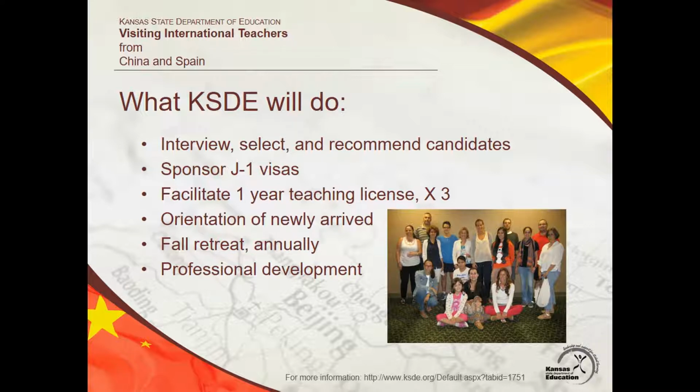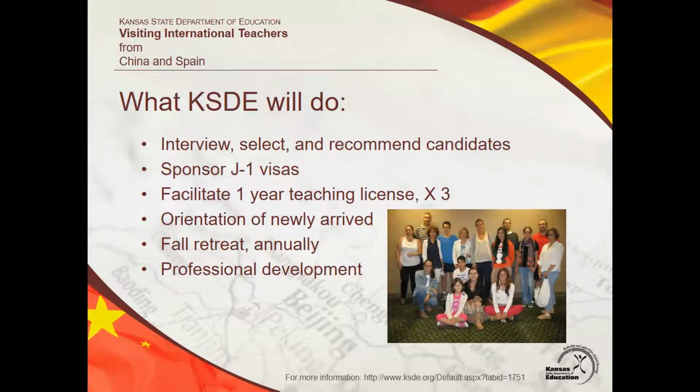KSDE also sponsors the J1 visas. Ordinarily, if a school was going to employ an international teacher, the employer has to sponsor the visa for that teacher. And KSDE takes that burden off of the local school district by sponsoring all of the J1 visas.